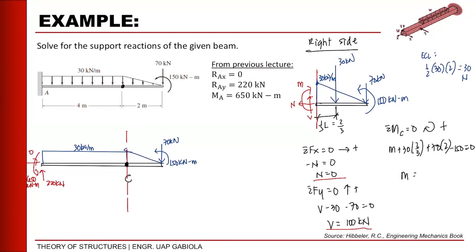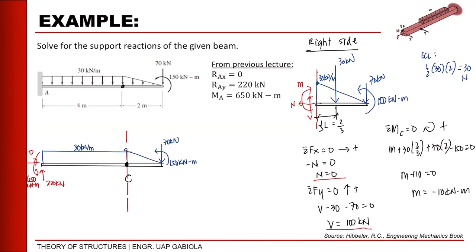So moment natin is equals to 30 times 2/3, okay, plus 70 times 2 minus 150. Our answer is actually ito ay minus 10 is equals to 0 or M is equals to 10 kilonewton. Mali. So ito is positive, dapat negative to. Negative 10 kilonewton meter. Okay?